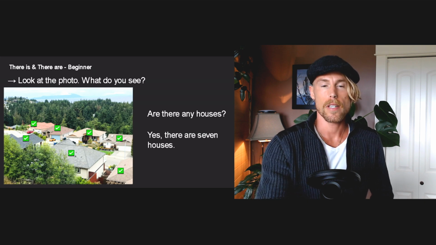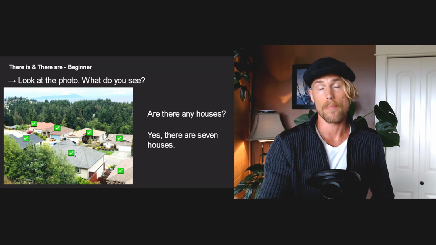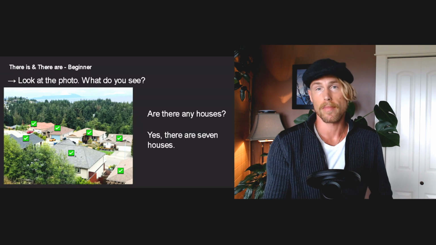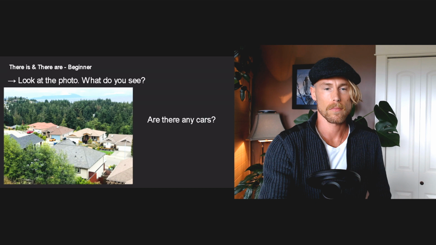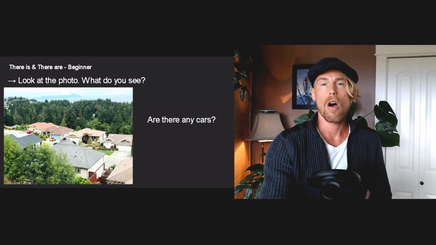Are there any houses? Yes, there are 7 houses. Or you can say, yes, there are. That's okay too. Second question, are there any cars? Yes, there are 4 cars.